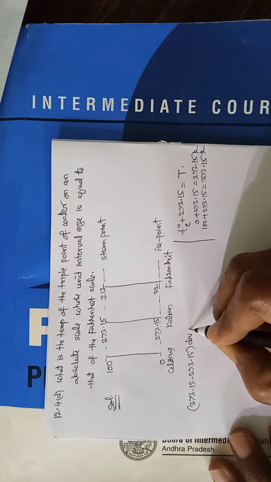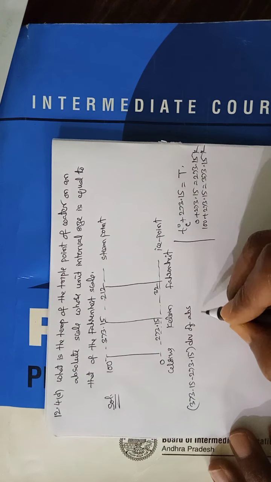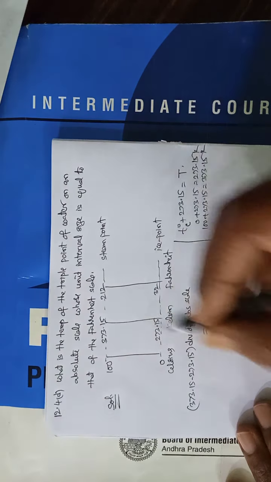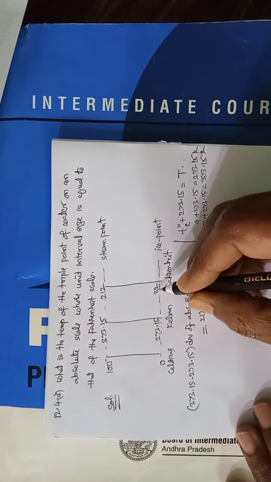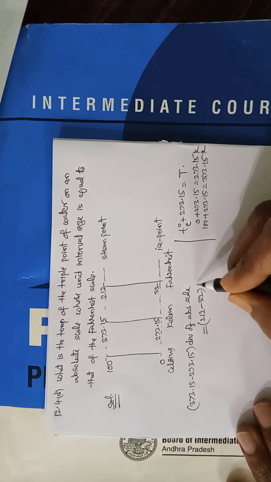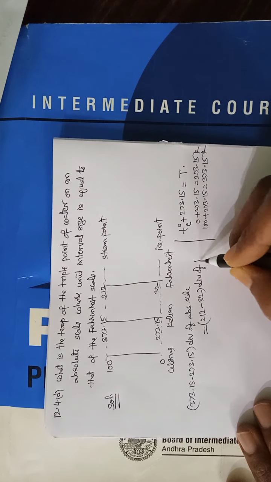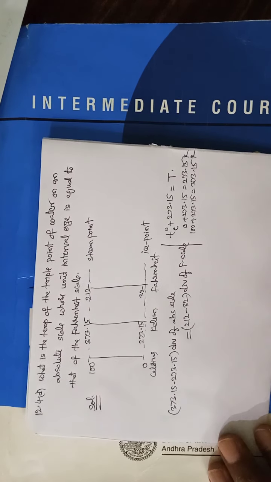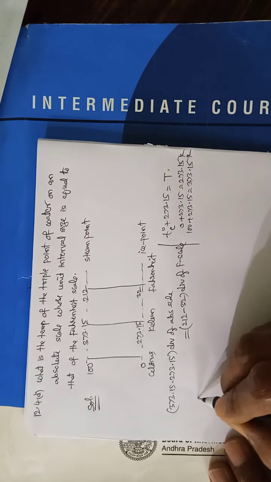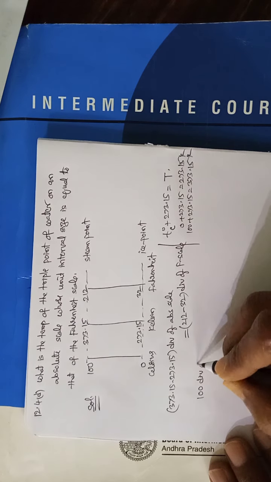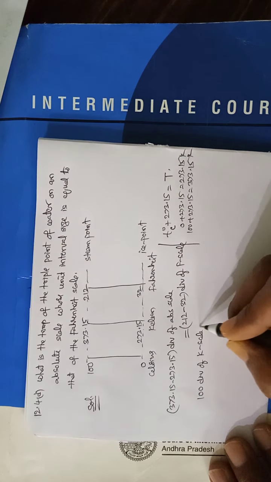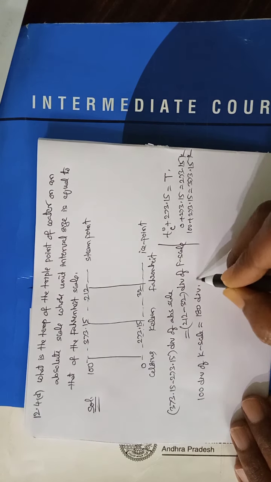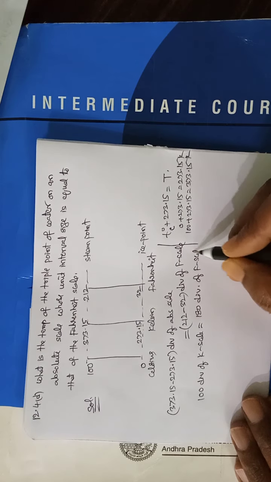Divisions of absolute scale is equal to 212 minus 32 divisions of Fahrenheit scale. So here this minus this you get 100. 100 divisions of Kelvin scale is equal to, here you get 180, 180 divisions of Fahrenheit scale.